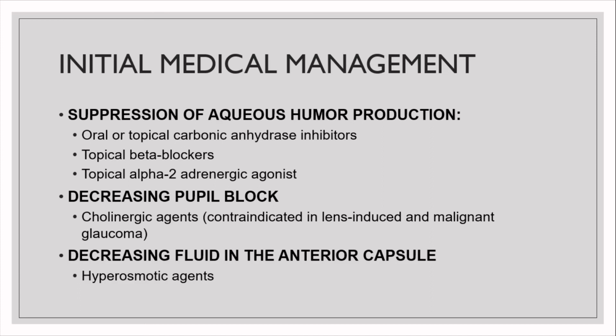So next, we can also attempt to decrease fluid in the anterior chamber with hyperosmotic agents. Hyperosmotic agents in our circulation can actually pull the water within the anterior chamber back into the bloodstream, and so this can help reduce the pressure.